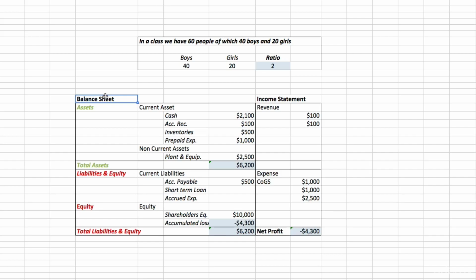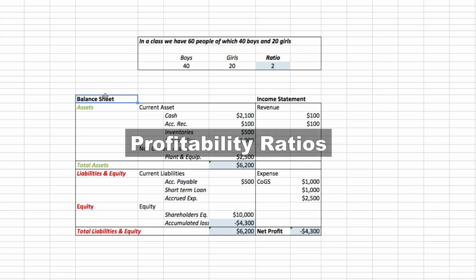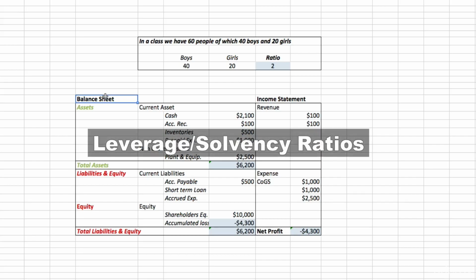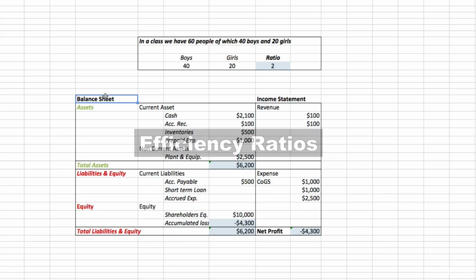We have financial ratios almost for anything in finance. We have financial ratios to assess profitability. We have financial ratios to assess liquidity, of course leverage, and therefore solvency, and then efficiency, valuation, and so on and so forth. And that's what we are going to do in this course.